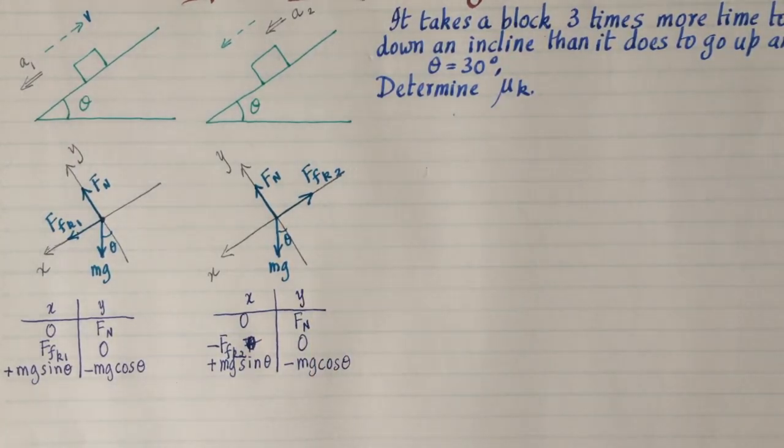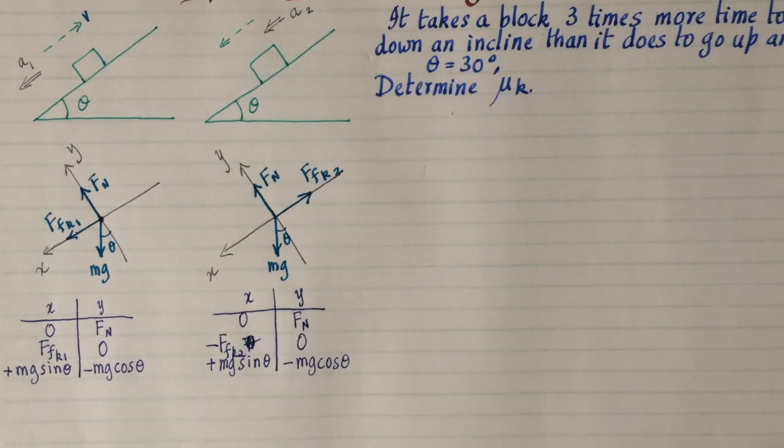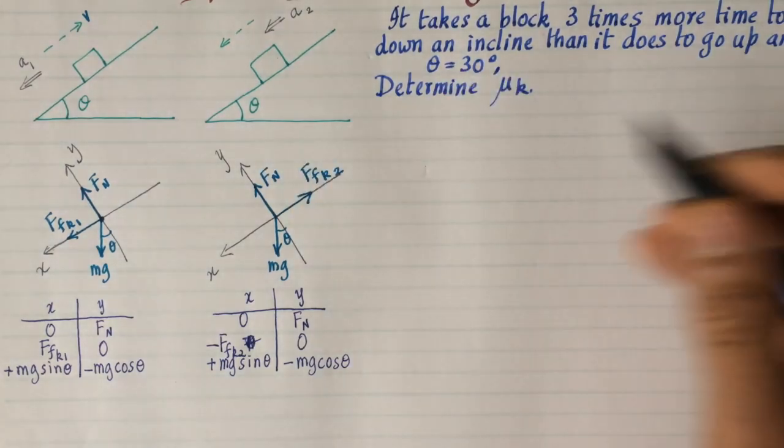So once you've filled up the force tables, you then go about writing Newton's laws. We'll do that here. Newton's law for the first block is the sum of all the forces in the y direction equals 0 because the blocks don't fly.